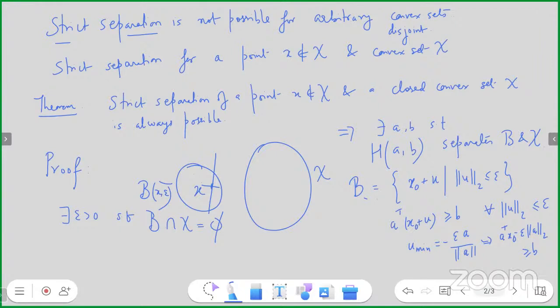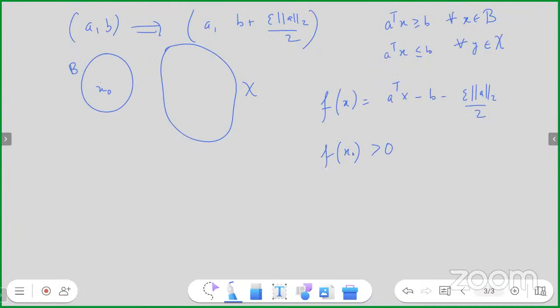See, the special point is x0. I'm slightly changing the notation here. By my choice, this is always true: A transpose x0 minus epsilon norm of A is greater than b. So it's clearly A transpose x0 is greater than b plus epsilon norm of A. And if I halve it, it is strictly more. And that is all I needed for f of x0. So this is true, and this is anyway true.